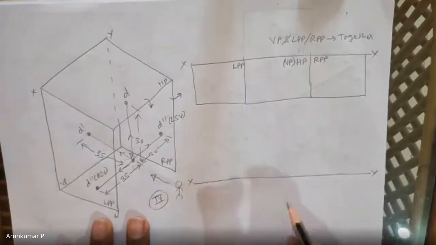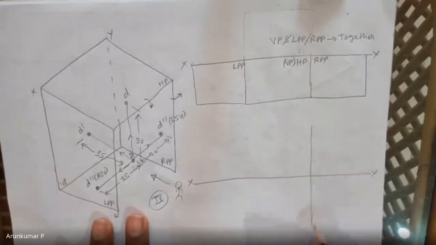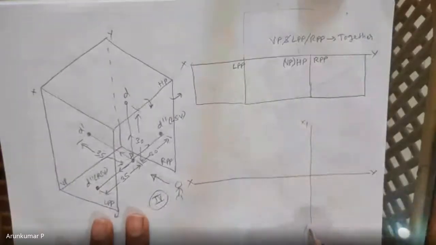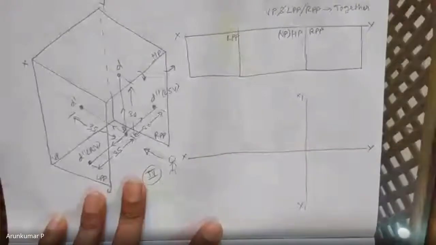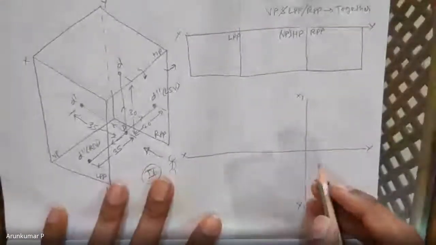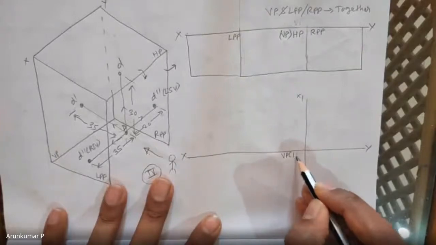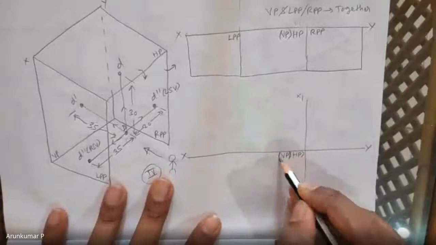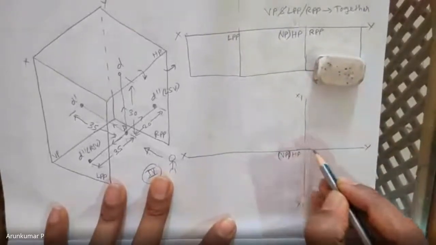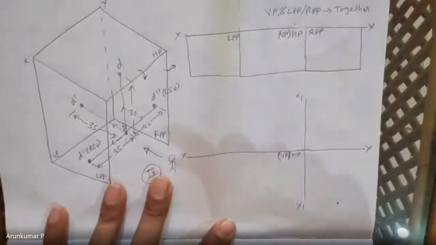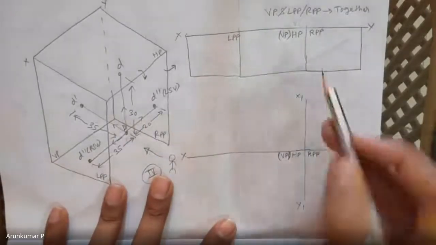XY line. X1, Y1 line. We have VP and HP here, and we have RPP on the right side, as we have seen here.